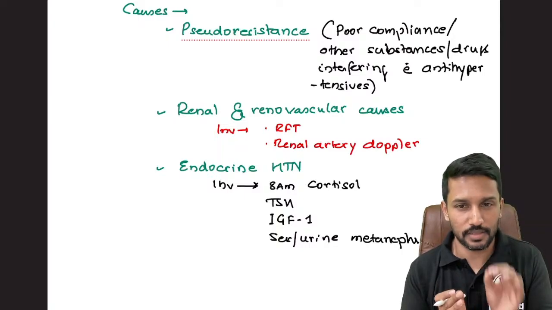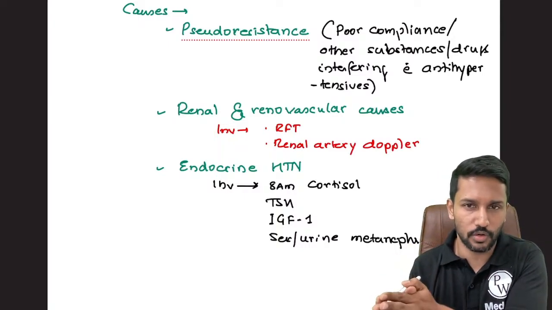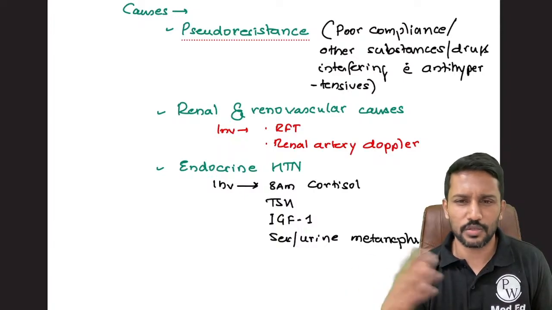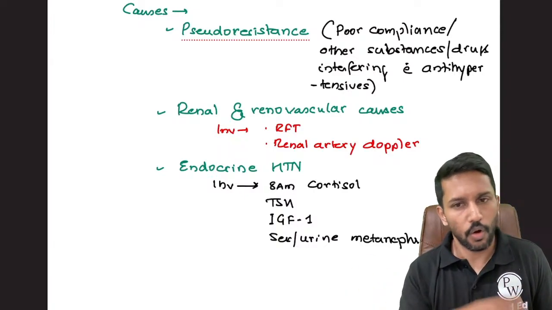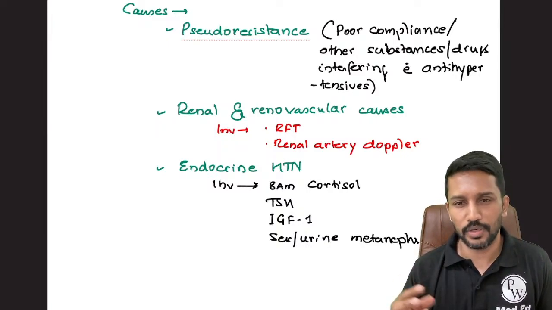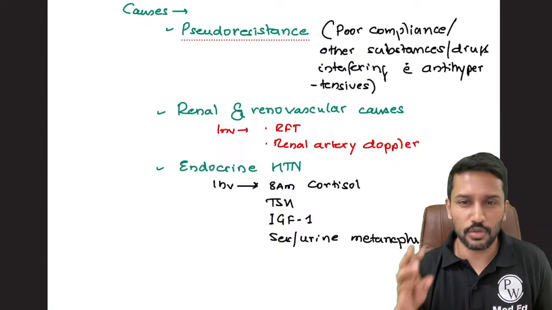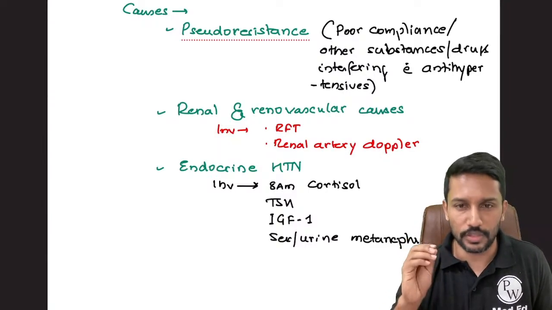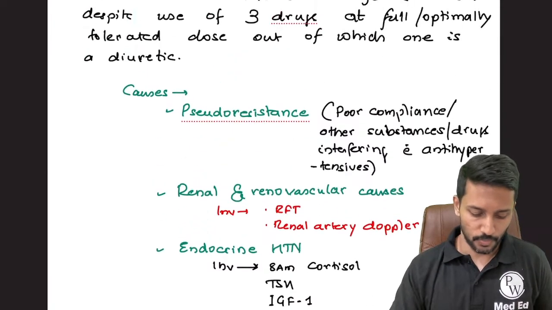Pseudo resistance is where your 3 drugs are not able to control because the patient has either poor compliance or is taking other substances or drugs which are interfering with your medications. Or it can happen when you have kidney disease or endocrine problems, or it can happen when you don't have any of this. When you don't have any of this, and still your BP is not controlled with 3 drugs at full dose, including a diuretic, then we use the term true resistant hypertension.